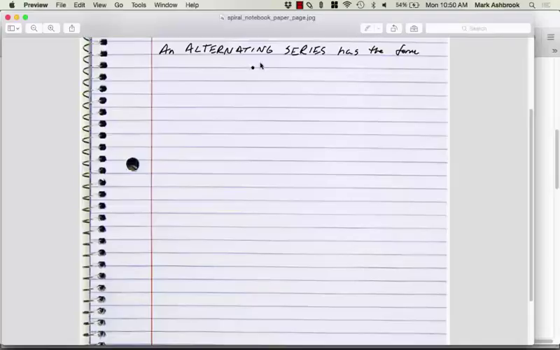We've already seen alternating series. It means that the sign changes from one term to the next.